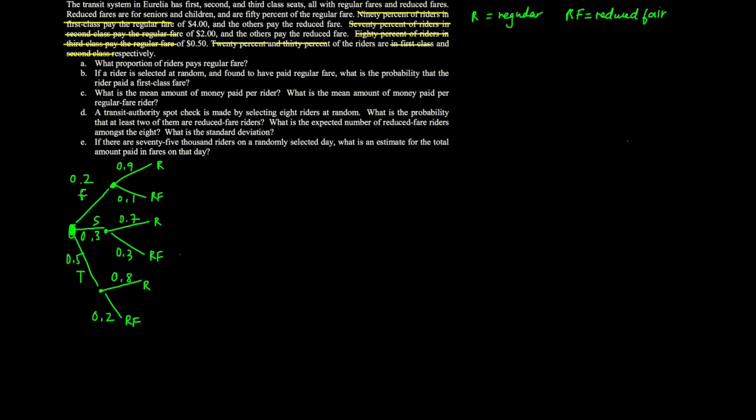So remember from the theory, the first part is your main probability item, and the second part is your conditional. So given that you belong to first class, 90% of you also belong to regular fare, okay? And then the final item is the and, remember? So let's just move these a bit.